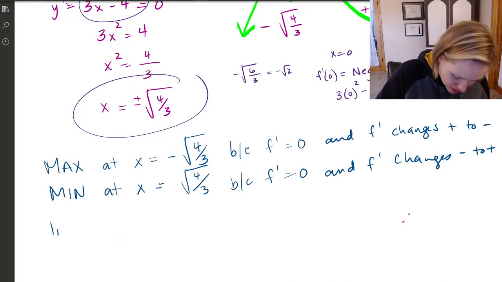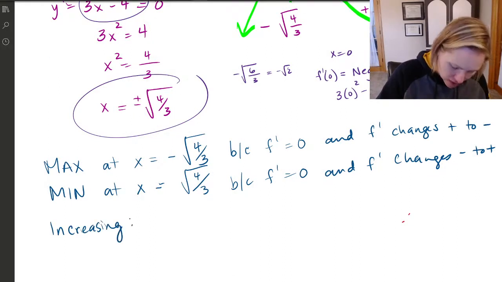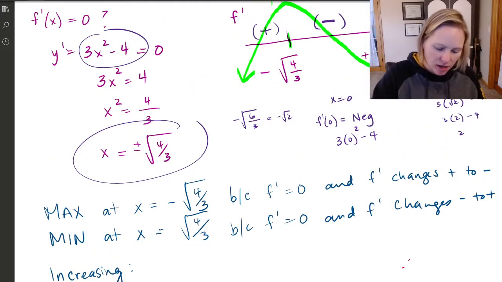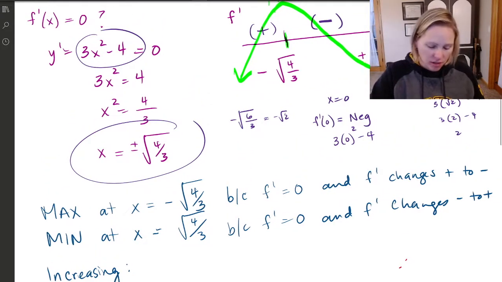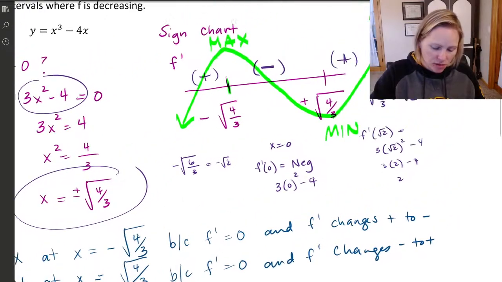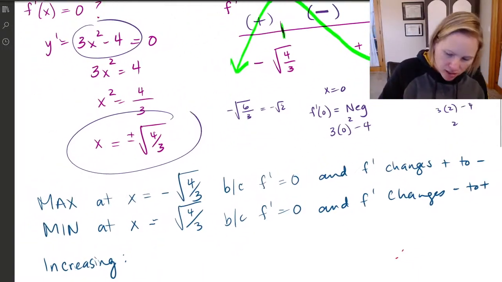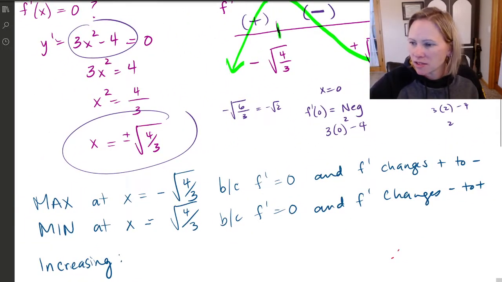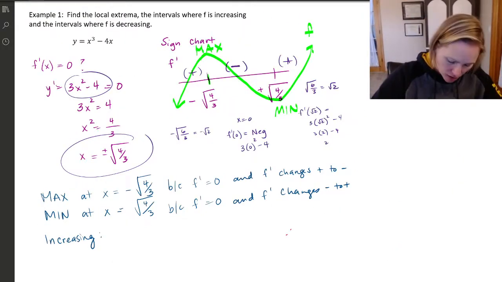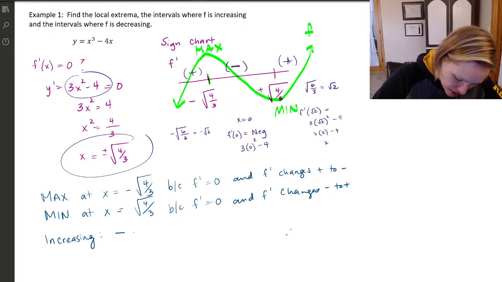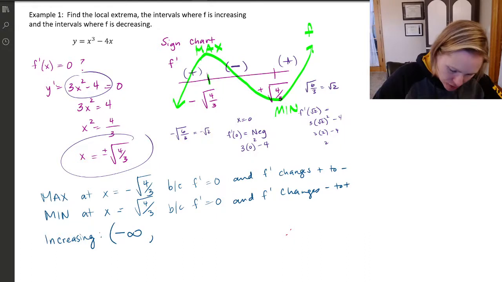And then here's where I'm going to say I'm increasing. All right, so I'm increasing up to negative square root of 4/3. So let's see if we can reframe this and see it a little bit better. So the way I'll write it is this: from negative infinity up to negative square root of 4/3.